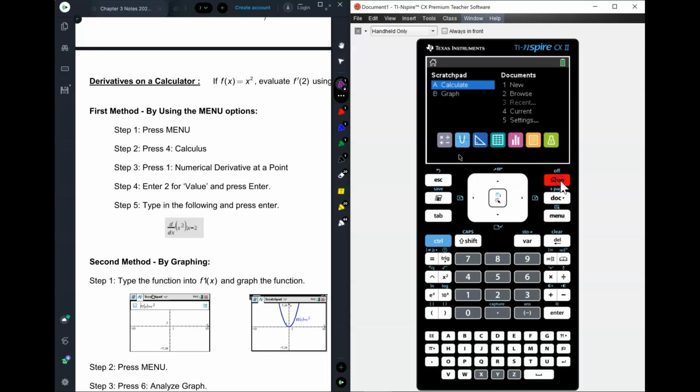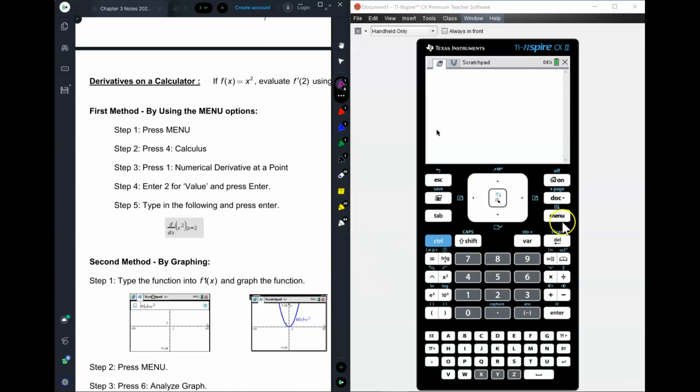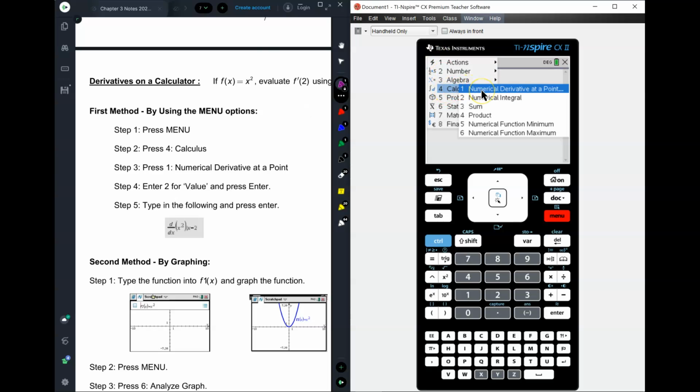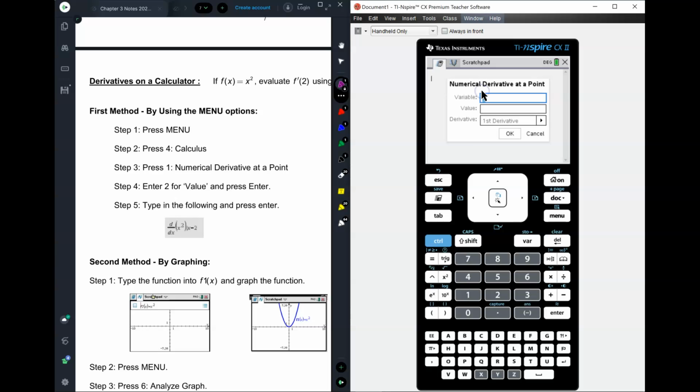Okay, guys, look up here. Look, everybody up here for a minute. So menu, calculus. Number 1 is numerical derivative. Now, this is the variable x, fine. Press tab, go to, and then you're going to find it at x equals 2. So put 2 here.